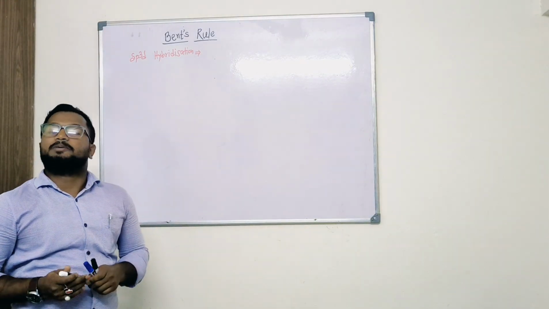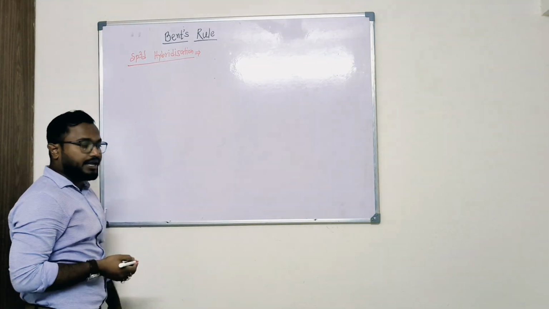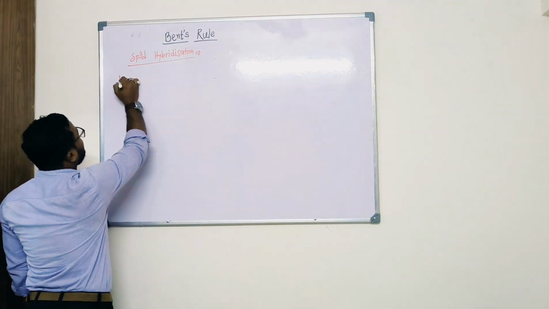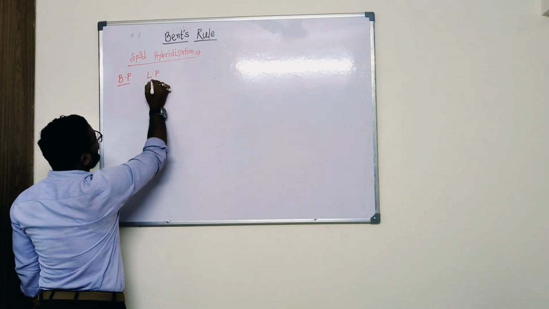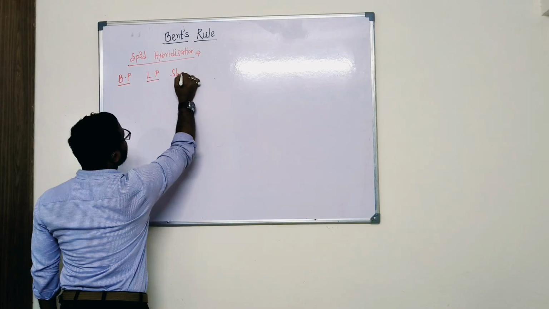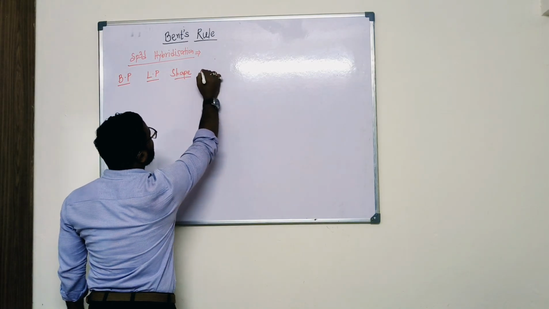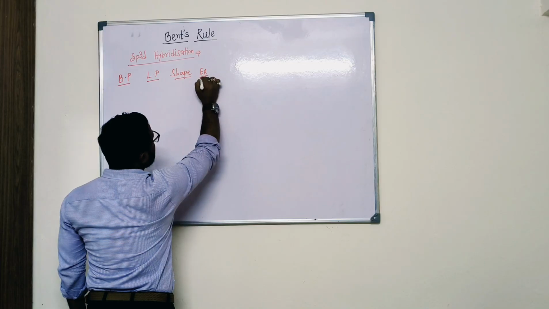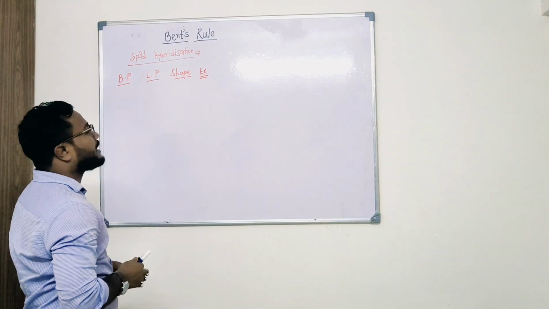Bent's rule for sp3d hybridization with respect to lone pairs, how can I explain? Let us consider I am taking bond pair, lone pair, I am checking the shape of the molecule, and with respect to that, examples. So bond pair, lone pair, shapes and examples.